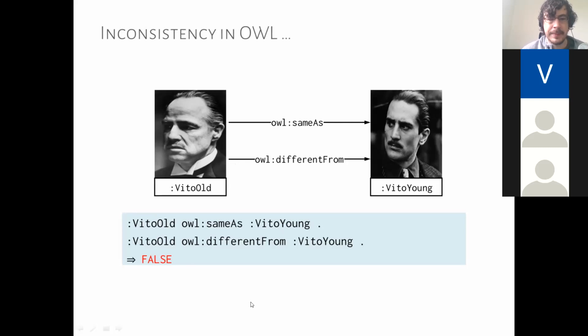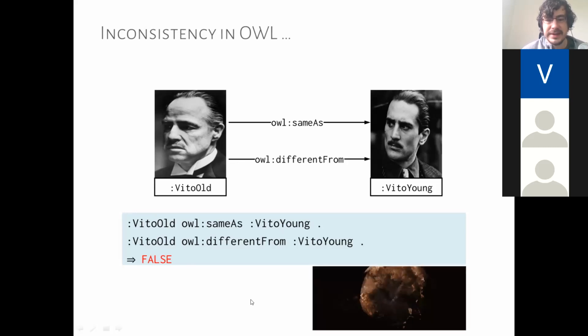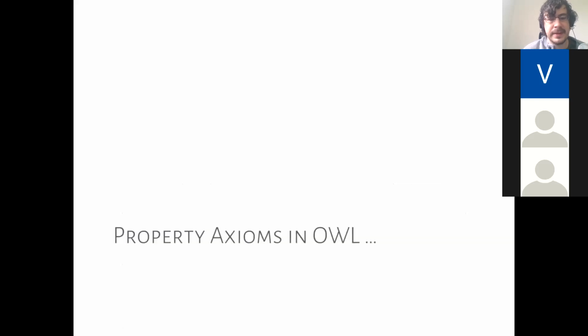It means the world is going to implode because it's inconsistent, right? So here's our first type of inconsistency: if we state same as and different from between the same pair of nodes, that leads to inconsistency. Any questions or doubts?